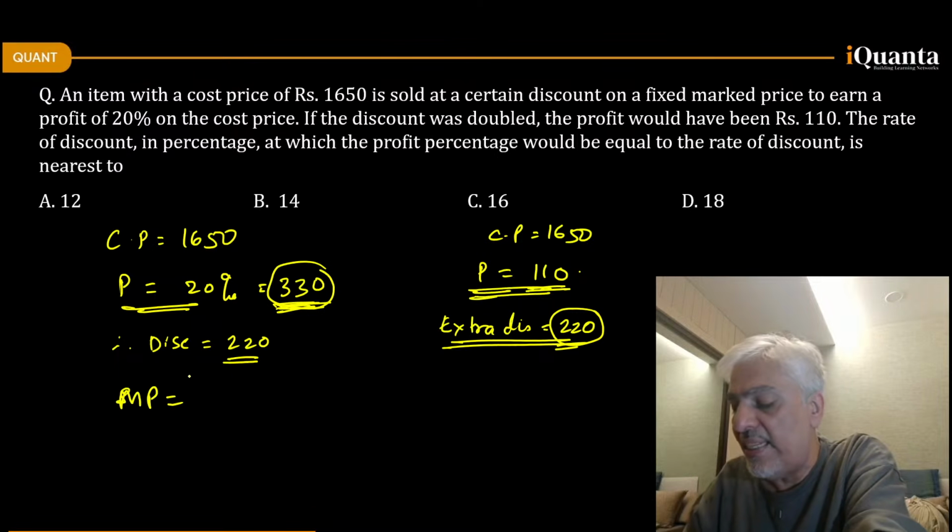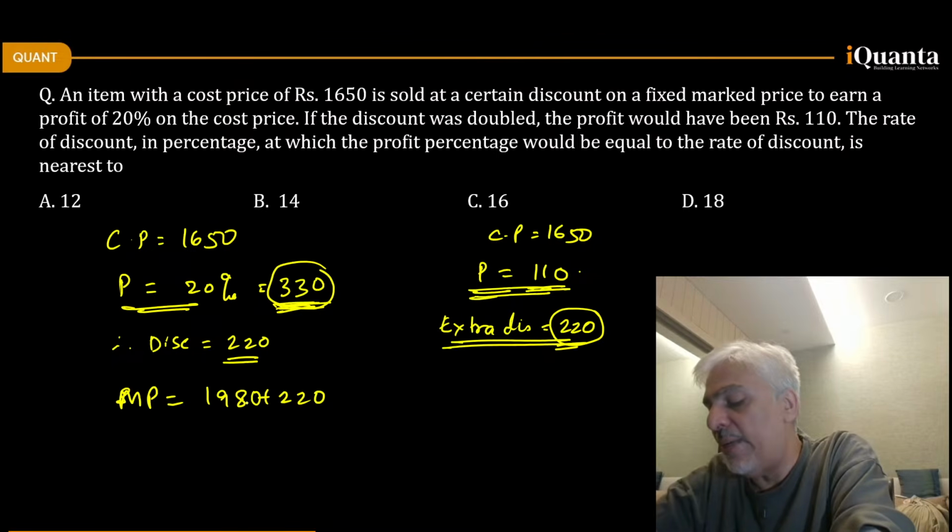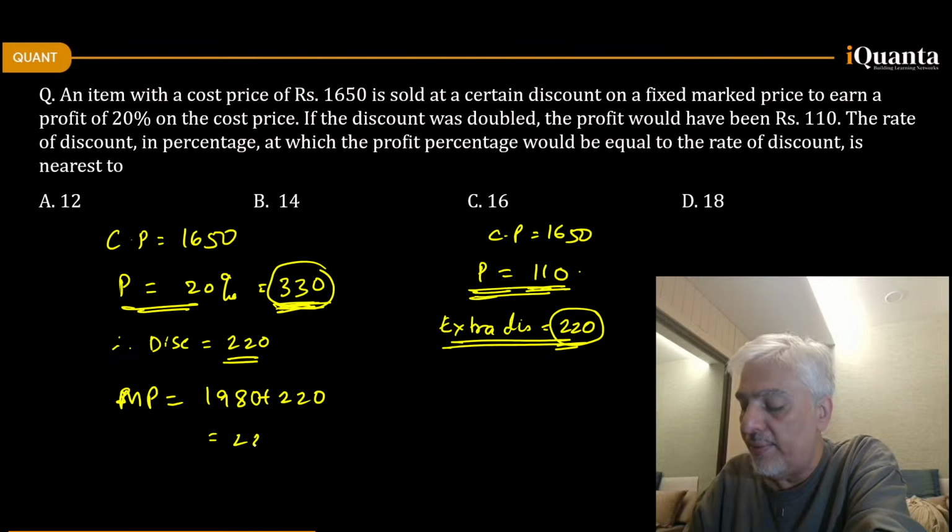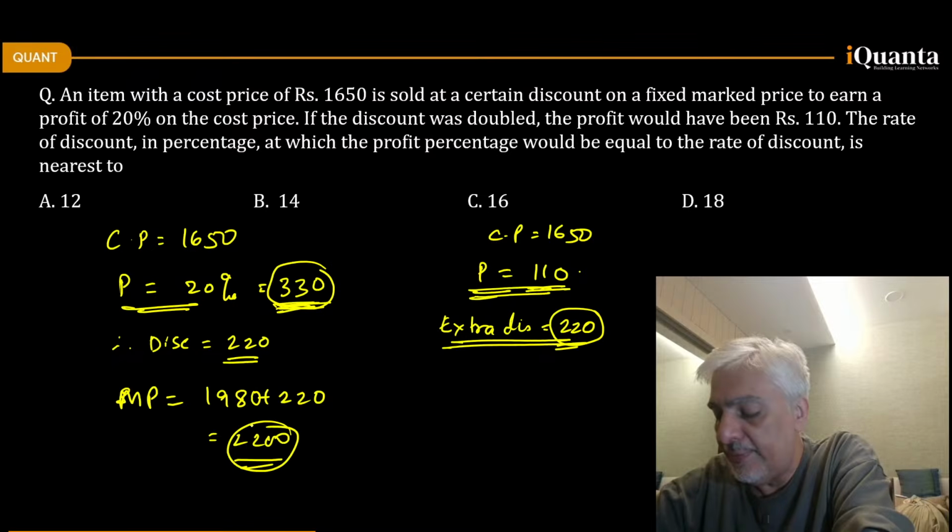Sorry, selling price तो easy है. Cost price plus profit. Selling price will be 1980. 1980 plus 220 will be 2200. So mark price was 2200.